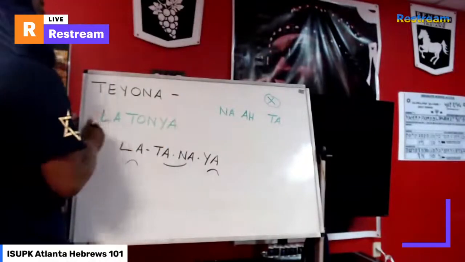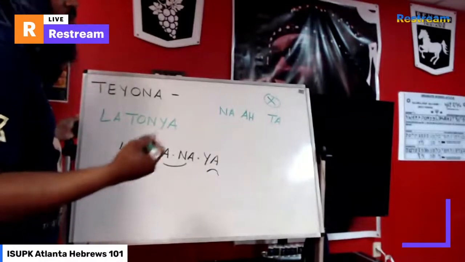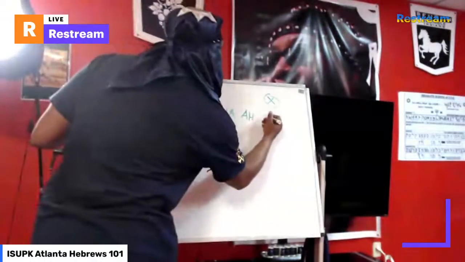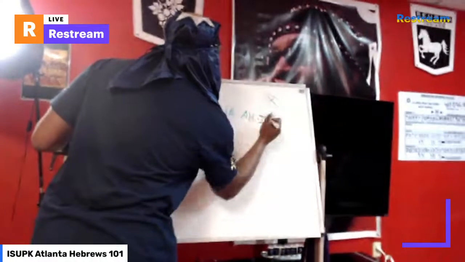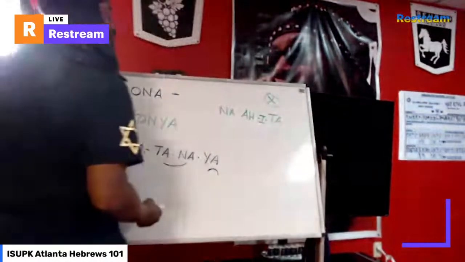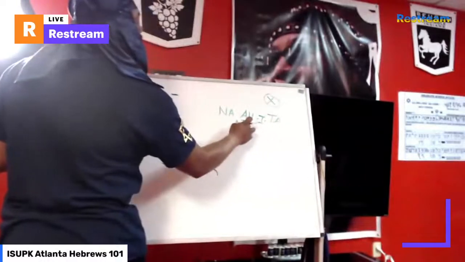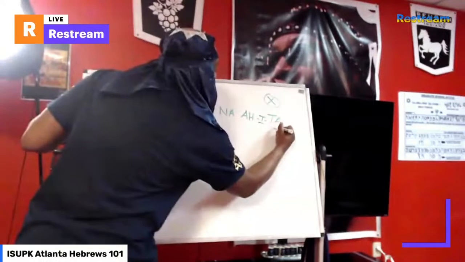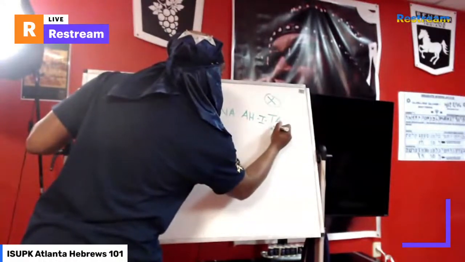Now granted, there are no E's, so what we had to do is add the I to it. So now we have I, and na.